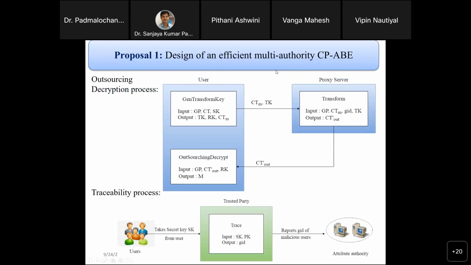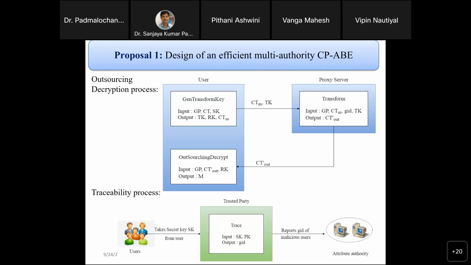Now, outsourcing decryption. This is another function, as I mentioned. When you have limited resources, you can outsource the decryption. For that, the user applies the gen transform key procedure. It takes the global parameter, the ciphertext CT, and the secret key as input, and it outputs the transform key component TK and CTM.